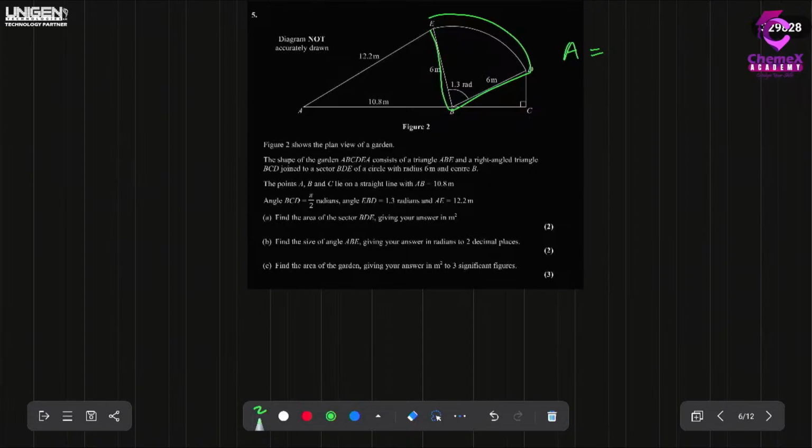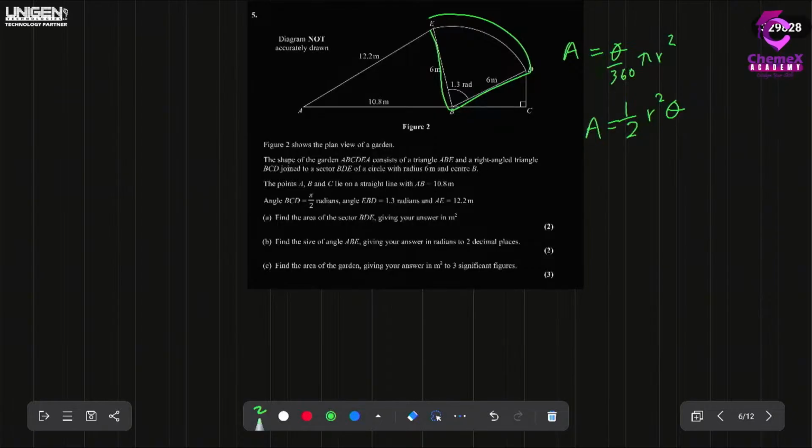Theta over 360 pi r squared. That's right. Theta over 360 times 2 pi r, for the first equation.